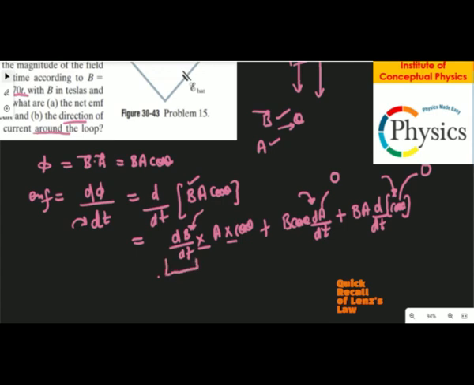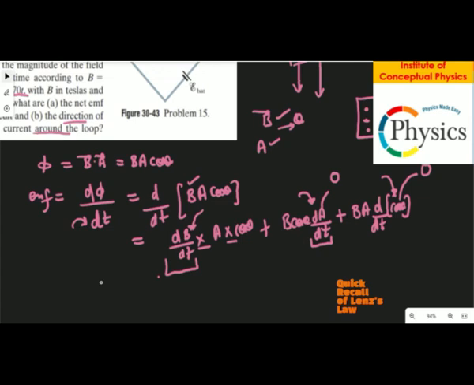Varying magnetic field with respect to time, and area changing with respect to time, which could mean you have an area like this, and as the time changes, the area reduces. The flux which passes through this was earlier as shown as this, and now it is this.